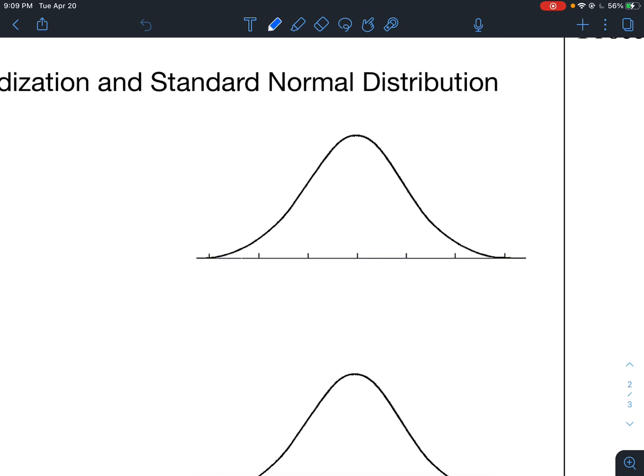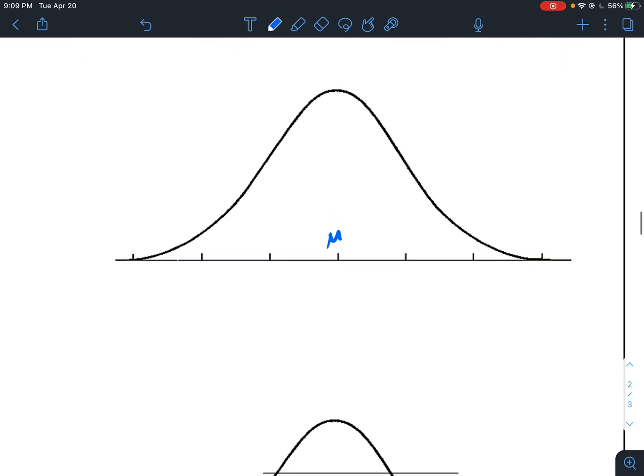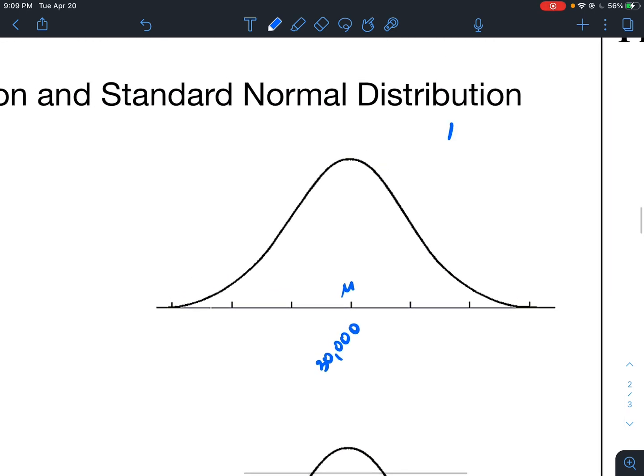So I know that this is the mean, and in that problem the mean was 30,000 kilometers, and one standard deviation was equal to 2,000 kilometers.